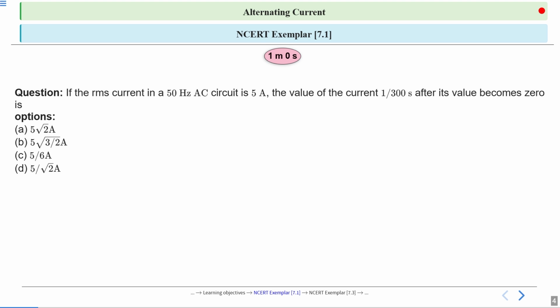That is the RMS value of current. So the options are 5 by root 2 ampere, 5 into root 3 by root 2 ampere, 5 by 6 ampere, 5 upon root 2 ampere. Okay, so I will give you some time to solve it.